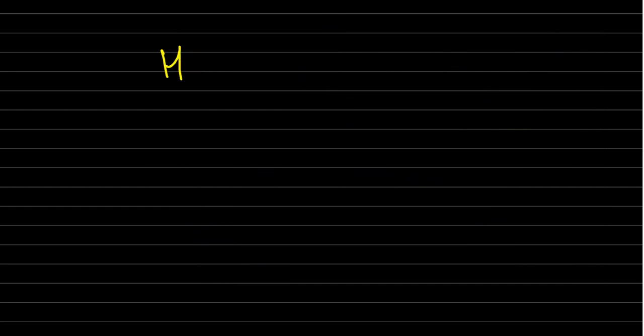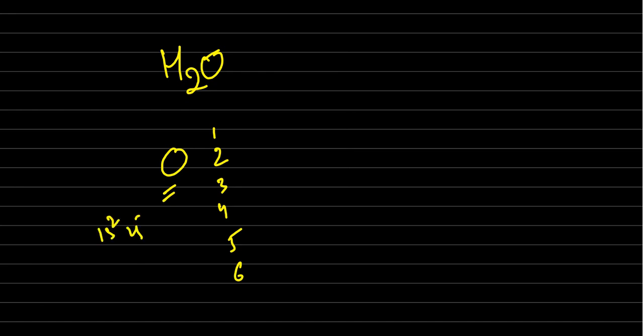Okay. Next. Suppose H2O is there. The shortcut method: take the central atom and write the valence electrons, total 6 electrons. Oxygen valence electrons: 1s2, 2s2, 2p4. This is the valence shell, total 6 electrons. 2 hydrogens are connected with 2 electrons, then the remaining are 2 lone pairs. So 2 sigma plus 2 lone pairs.